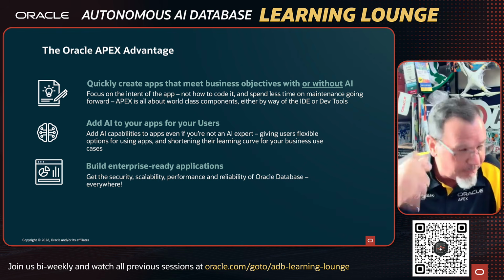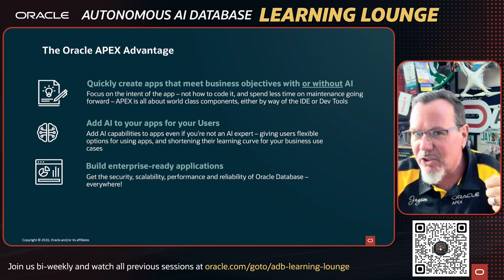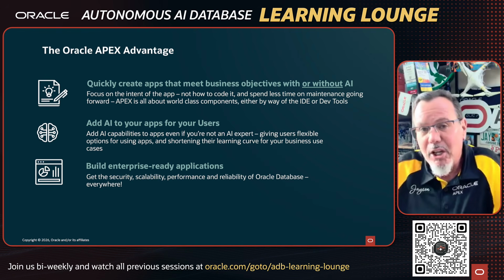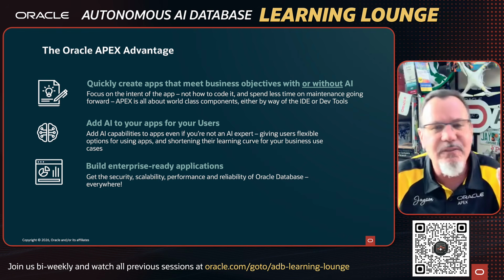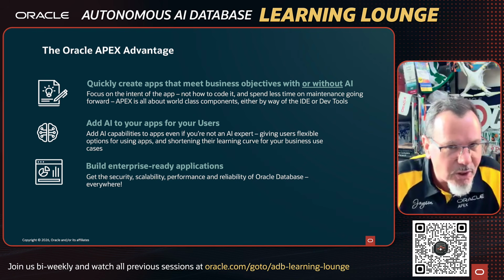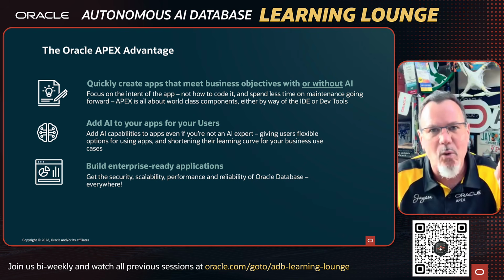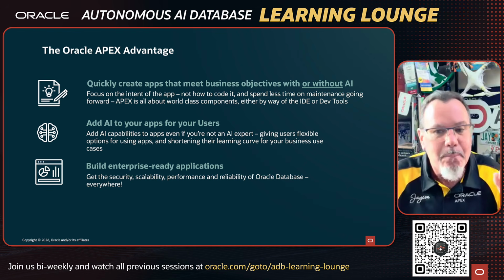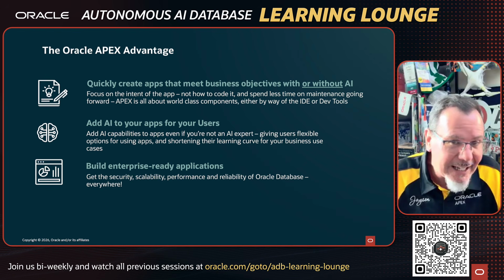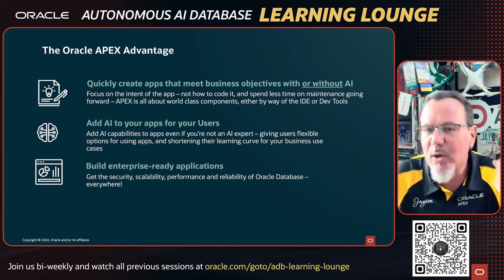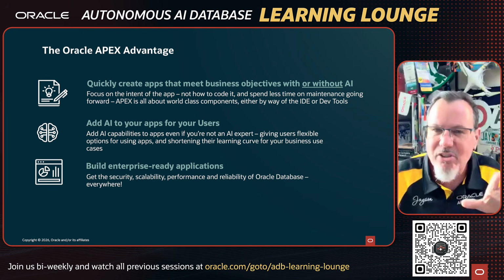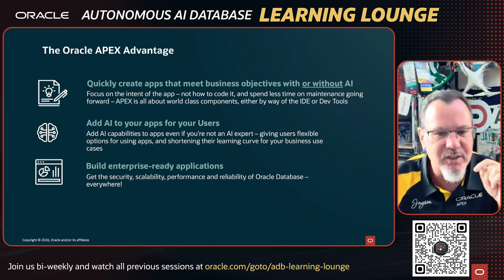You just put a feature on a page, give it a data source in your Autonomous Database, and boom, all of a sudden you give your users an experience where they can do all kinds of fancy reporting. We're just scratching the surface of what 26.1 delivers in APEX today. Beyond all that, with AI, you're actually simplifying the learning curve for a lot of your users to get value out of their data in ways that were never supported before. So more on that towards the end of today's session.